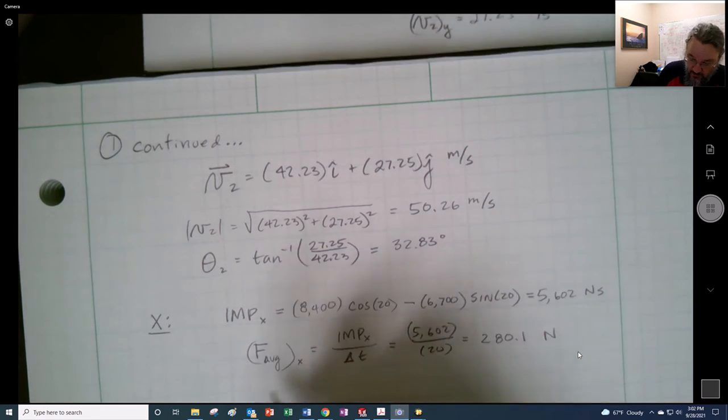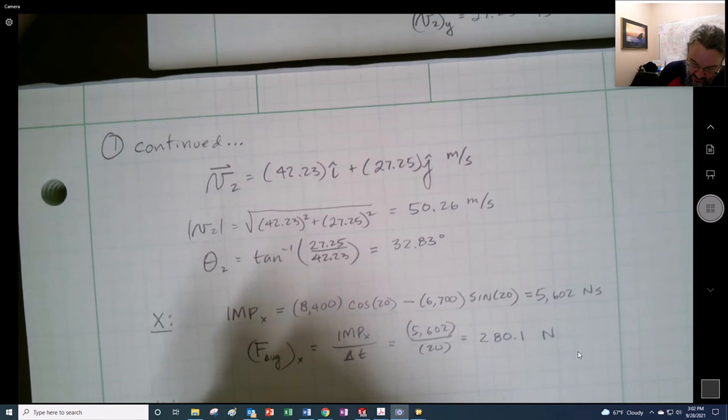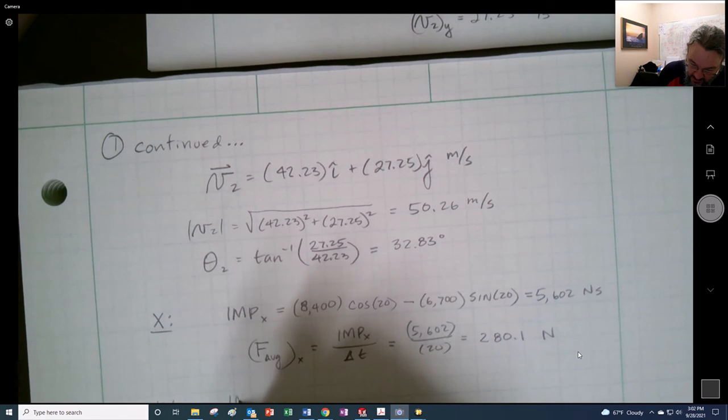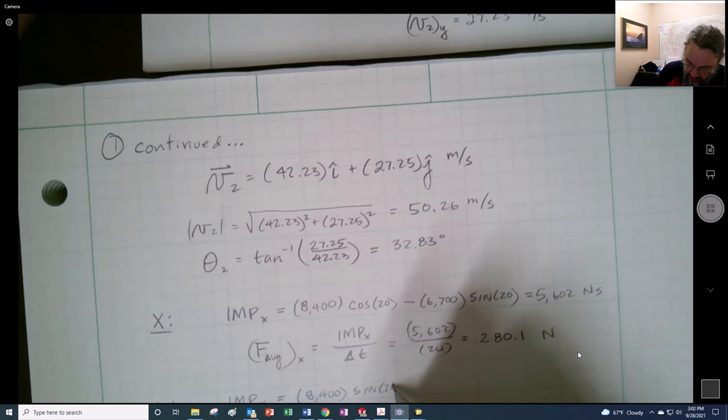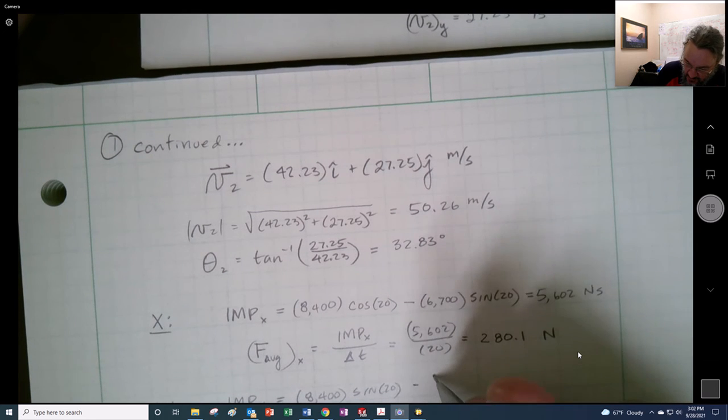And then in the y direction, we'll say the impulse in the y direction is going to be 8,400 sine of 20 minus 6, plus. That's good. They're both positive.